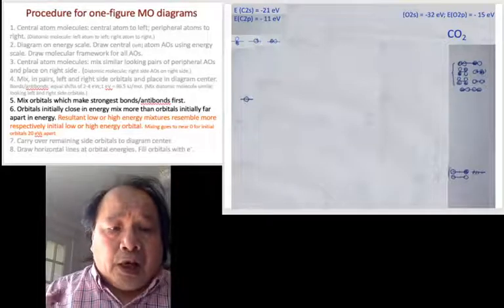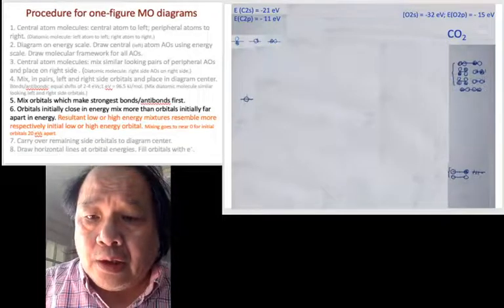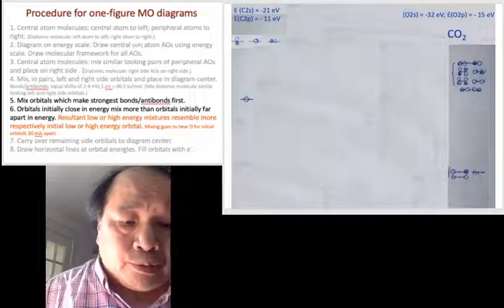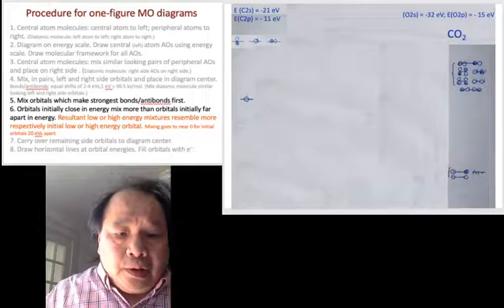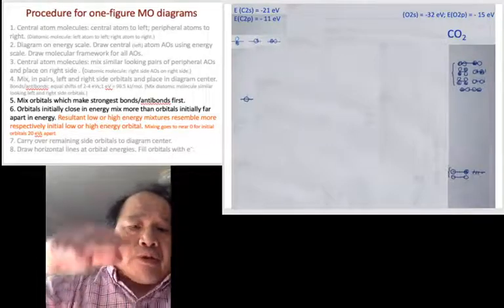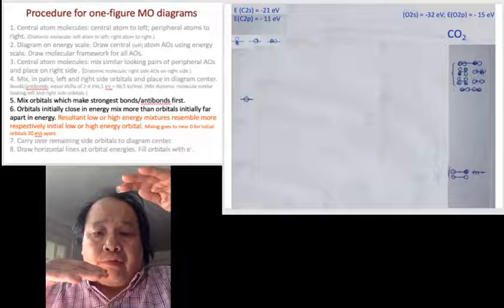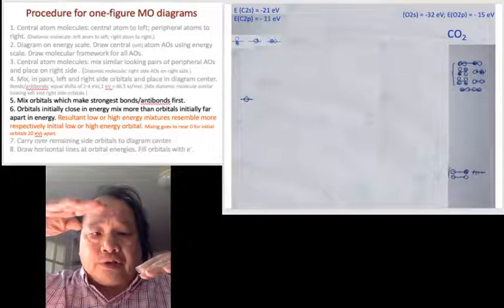We'll make the psi1 and psi2, and I'll show them right here. But before I do that, we need to understand one last key point, which is in orange. At this point, this is the first time we're going to be mixing two orbitals of different energy.